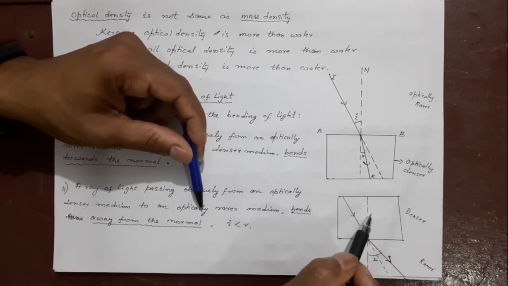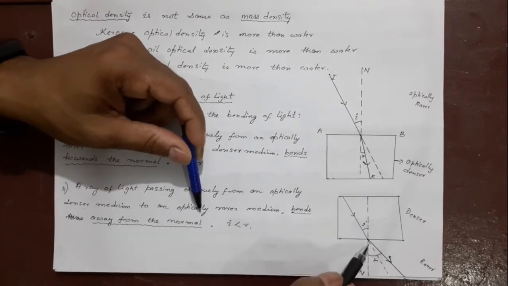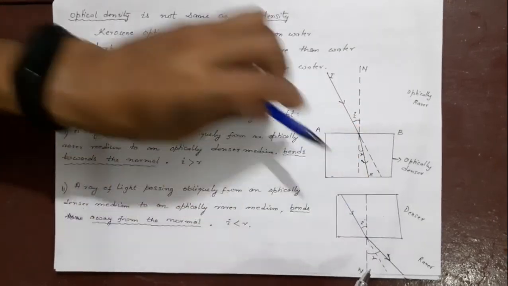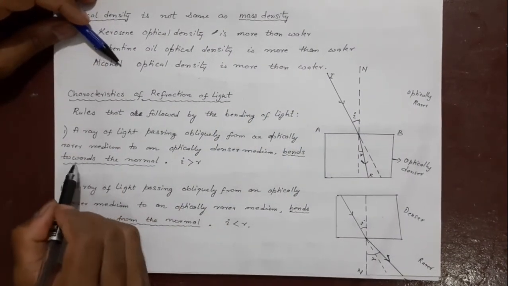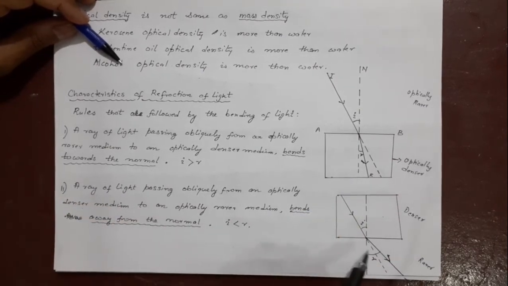This is the normal N, and it is not going this side, it is going that side. So this is away from the normal, while in the earlier case it bends towards the normal. Towards means near to the normal, away means far from the normal.